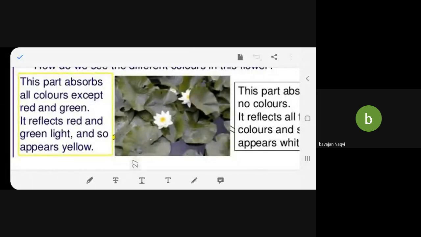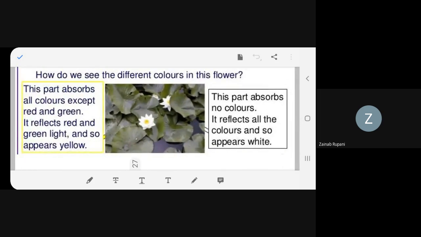I think you have done something about primary colors and secondary colors. Do you know about it while drawing? You know how to get secondary colors. I think you are aware of it. So when you mix red and green, it becomes yellow.